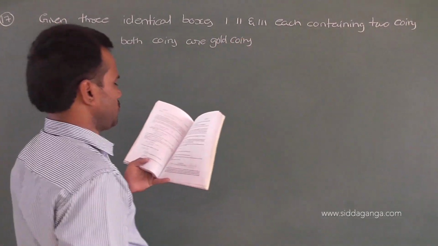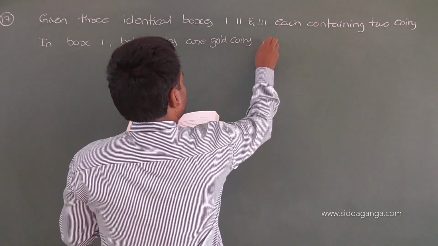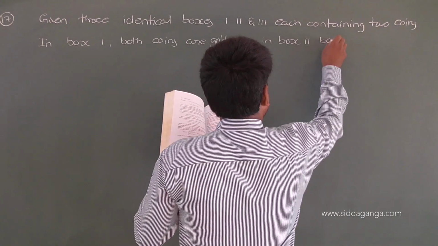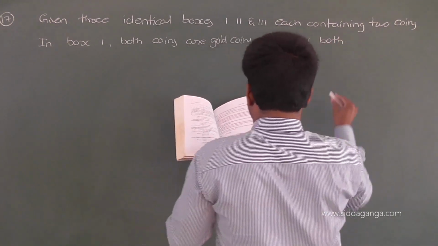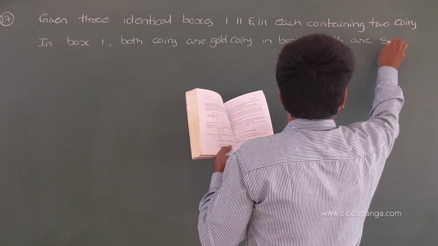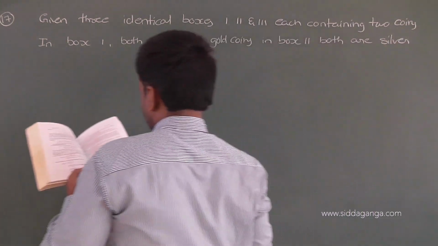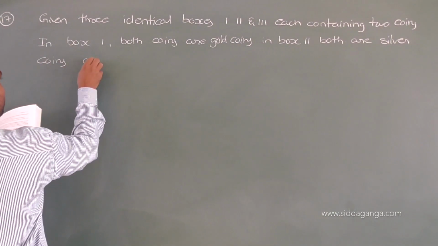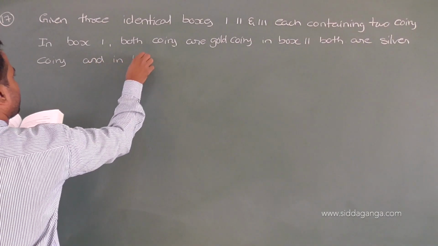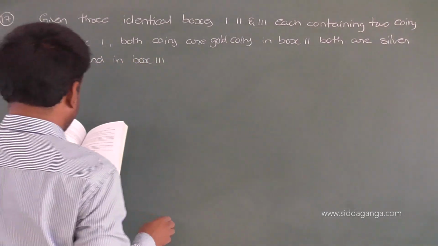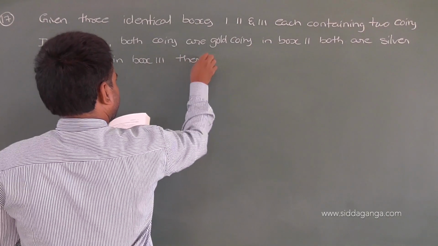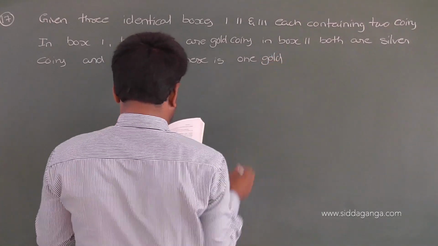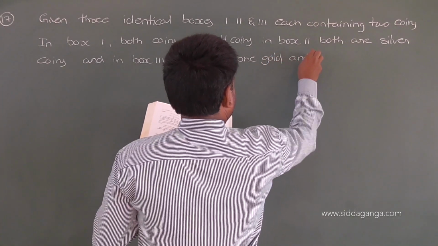In box 2, both are silver coins. And in box 3, there is one gold coin and one silver coin.